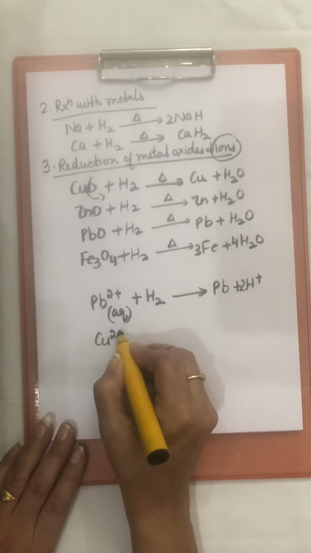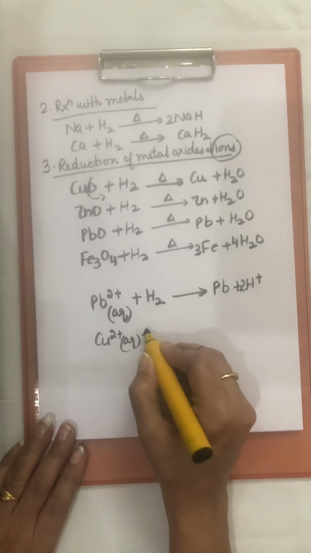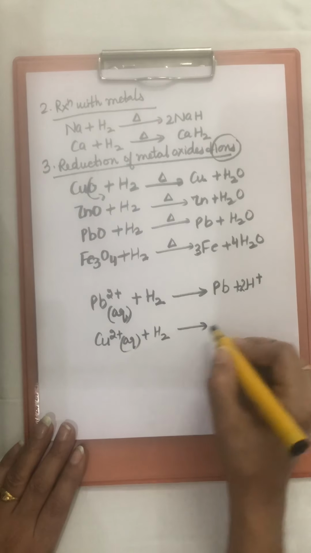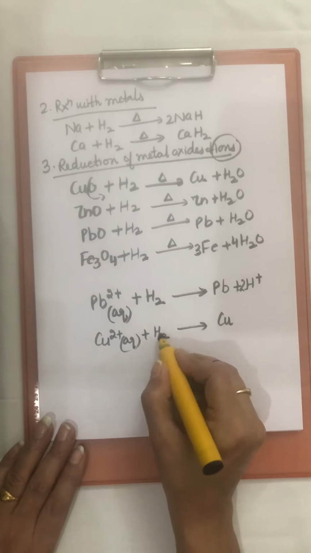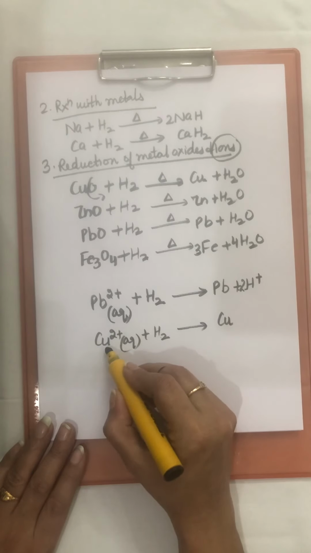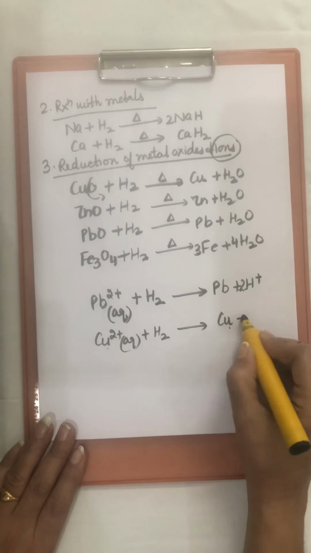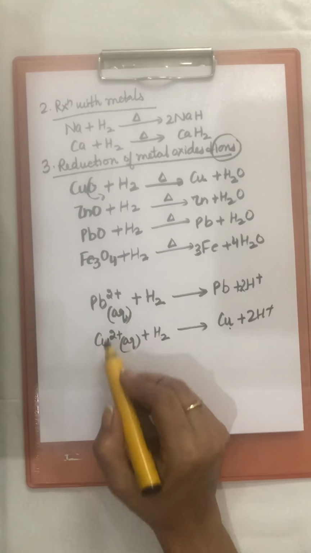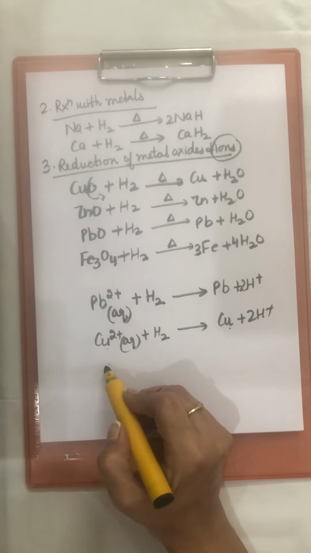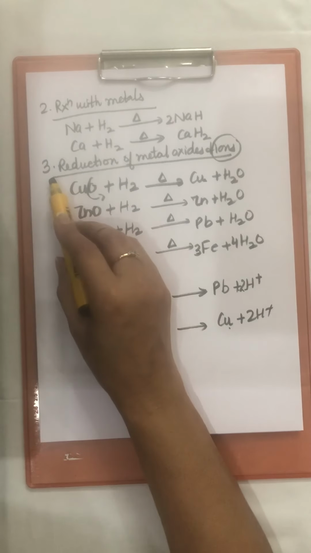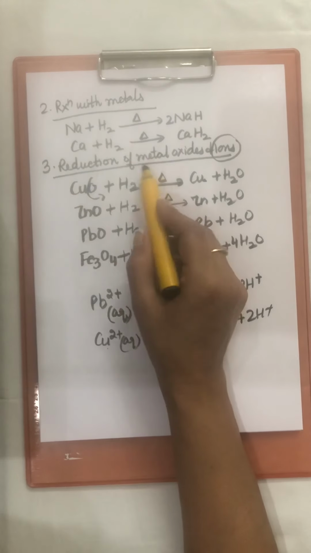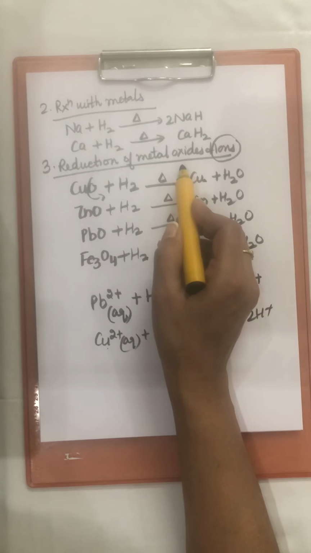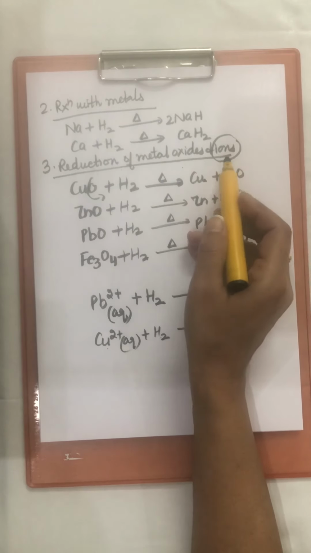Copper ion, when reacted with hydrogen, then also hydrogen will give electrons to this and change this to copper, and hence hydrogen is reducing the metal ions also. So this is the third property of hydrogen, that it does the reduction of metal oxides and its ions.